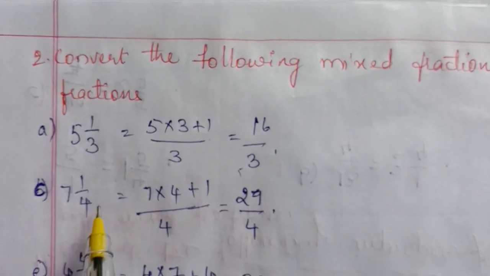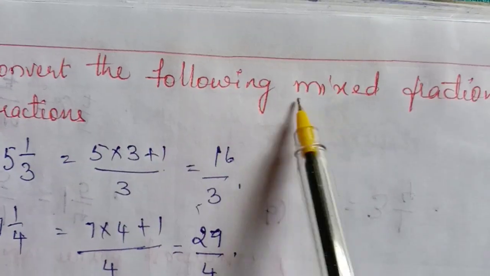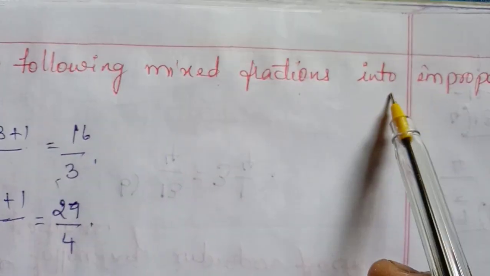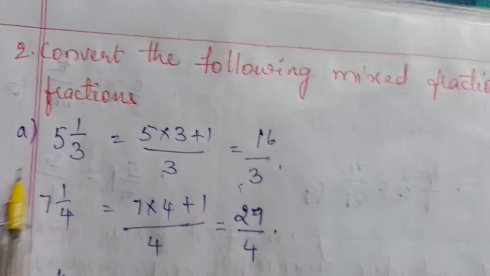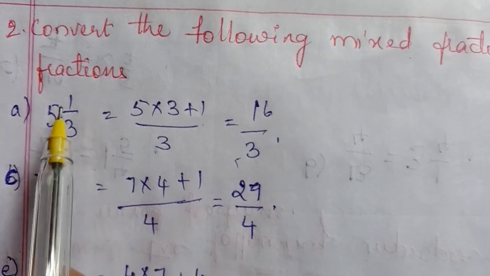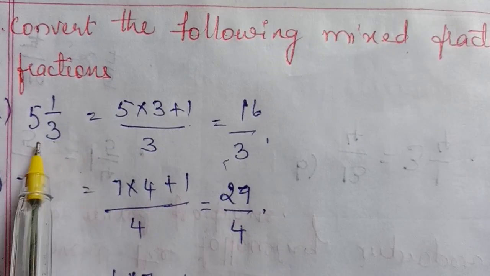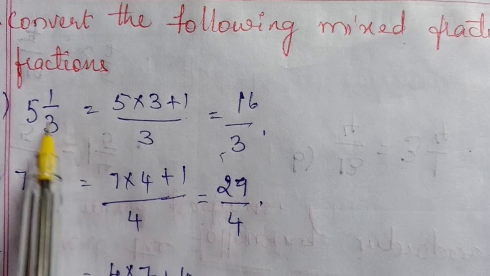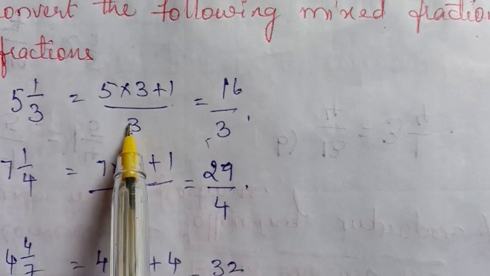Now we will see the second bit. Convert the following mixed fractions into improper fractions. So 5 1 by 3 can be written as 5 into 3 plus 1 by 3.